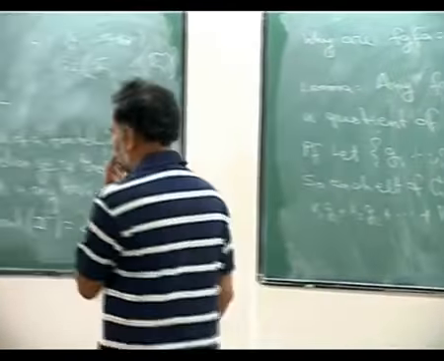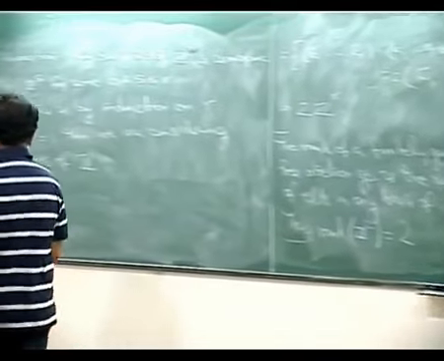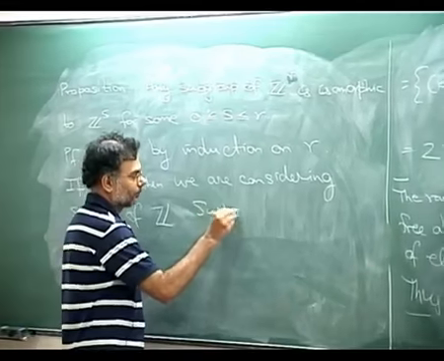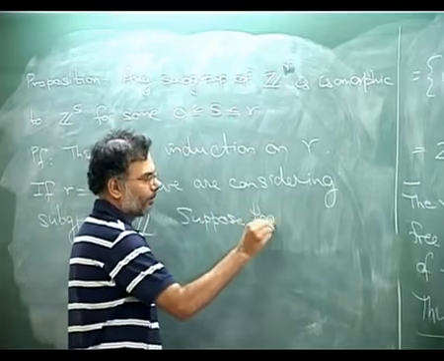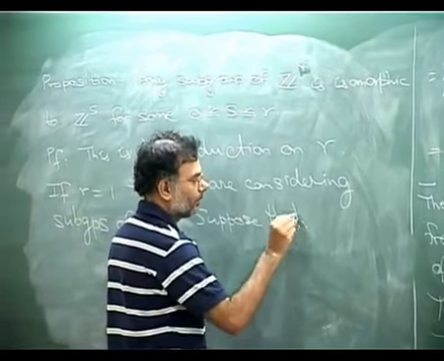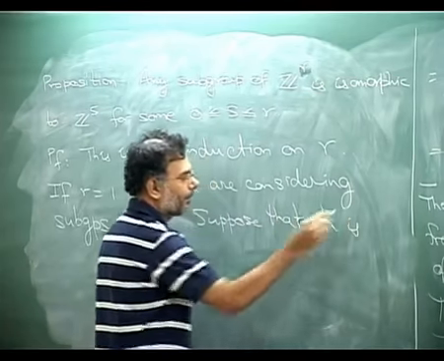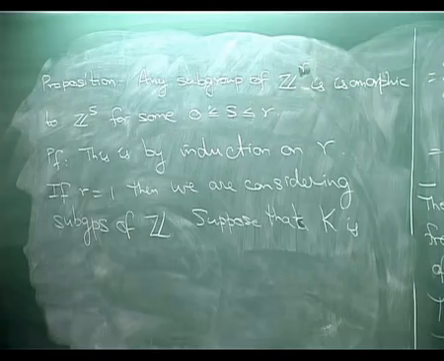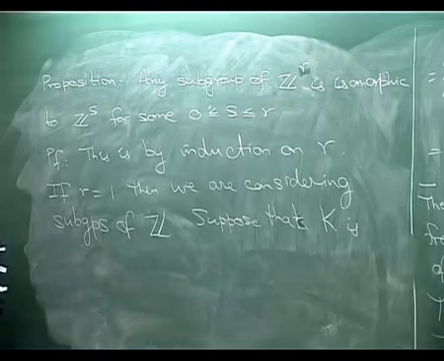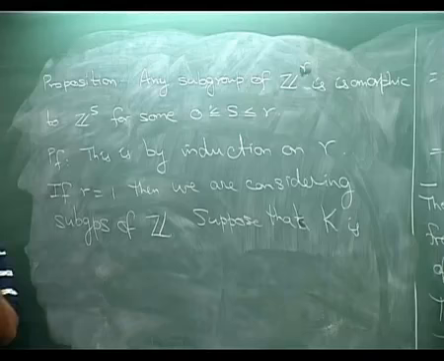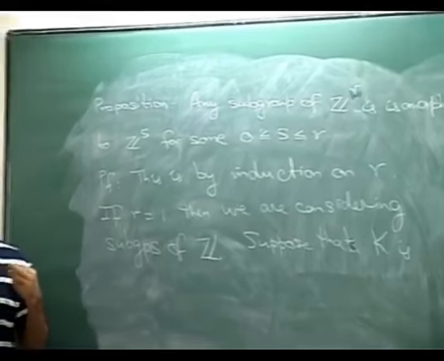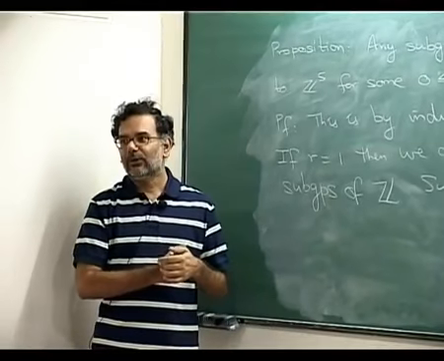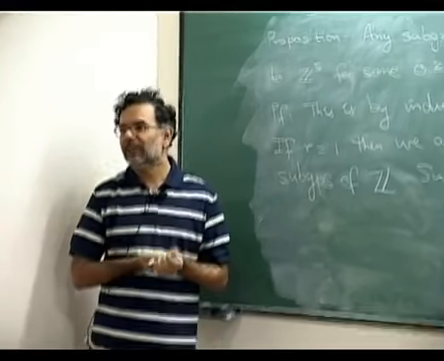So let's do that first. So suppose that K, yes? Any idea of the two words? Generated by 1. Z is generated by 1, but how do you know that any subgroup is of that kind? How do you know that maybe the subgroup may not be a cyclic group?